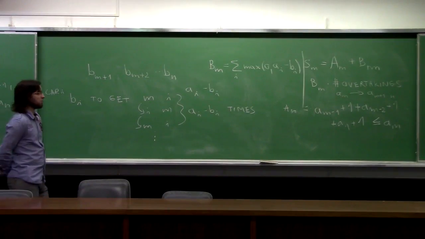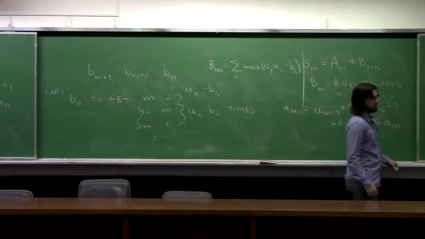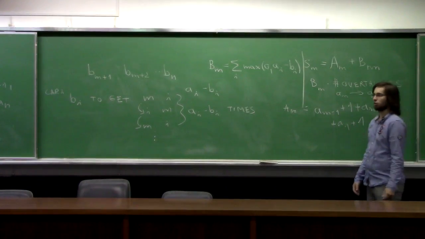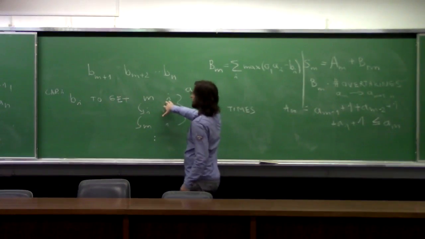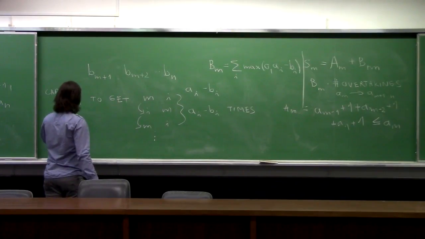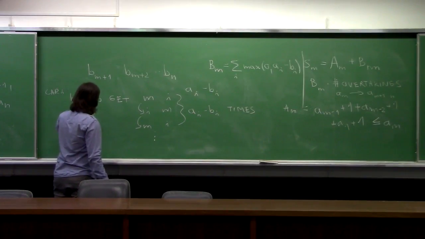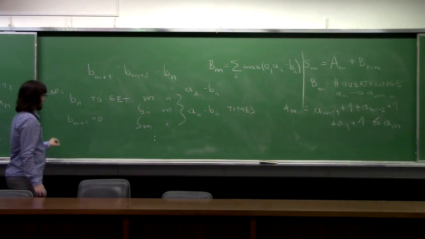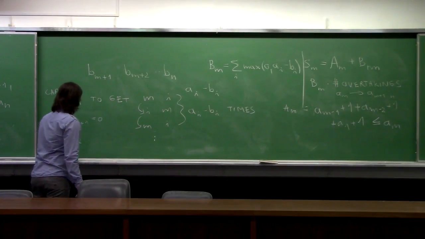Well, of course, Bm plus 1 is equal to 0, since there is nothing car M plus 1 needs to do to get immediately after car M, because that happens at the beginning. So Bm plus 1 equals 0.